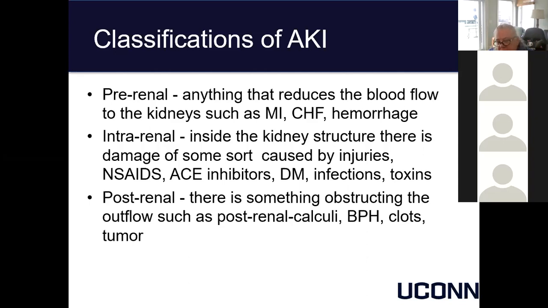Big old kidney stones, big old prostate, trauma to the ureters, blood clots. So pre-renal is decreased blood flow to the kidneys. Intrarenal is damage to the kidney tissue itself. And post-renal, can't get the urine out, and it ends up sort of poisoning the kidney tissues. Does that make sense?